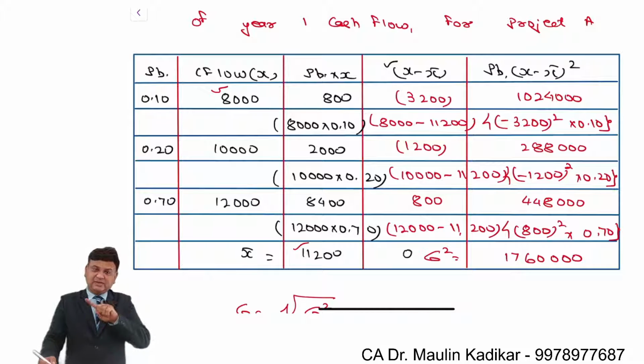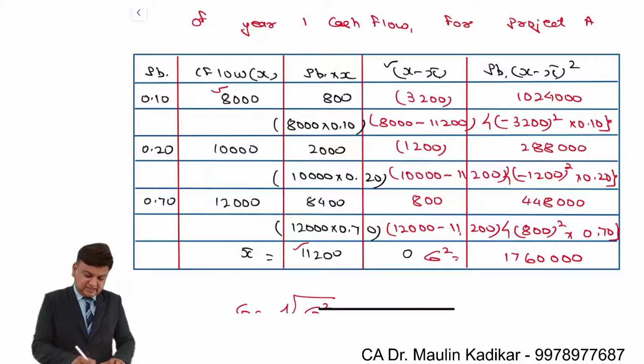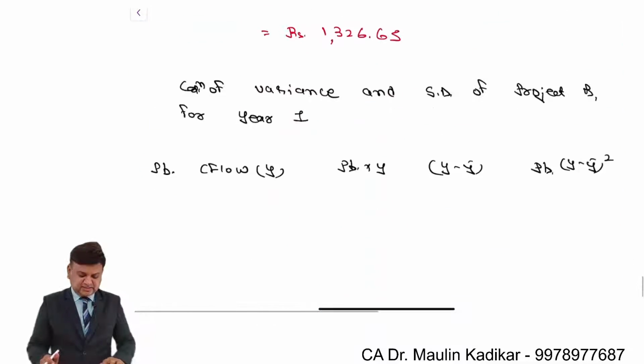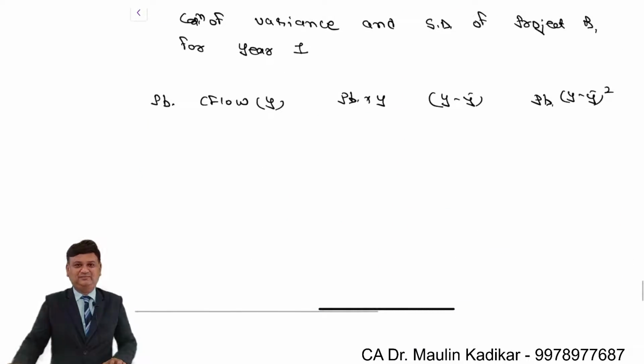So whenever the sample data or population data is given to you, in that case x minus x bar total would be 0, but not over here. So just in case you have that question, this is the answer that we have.